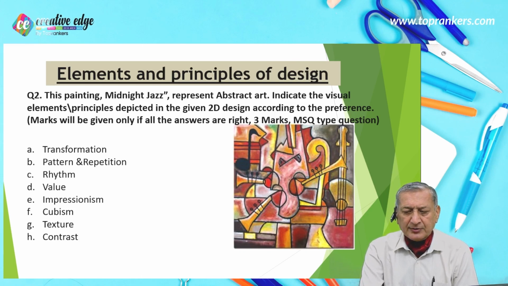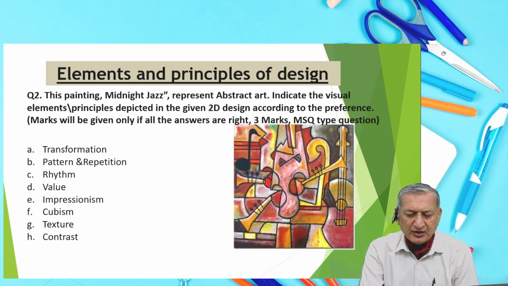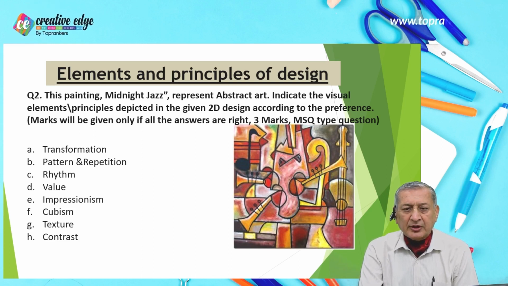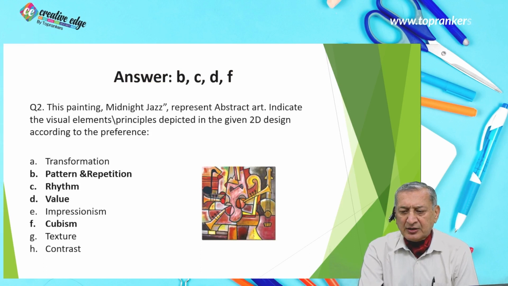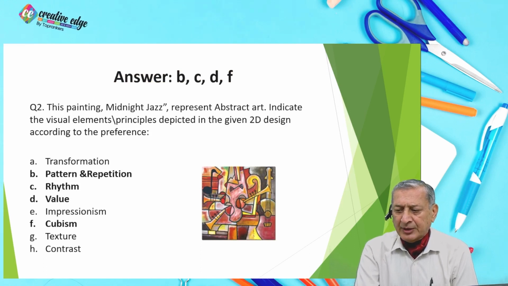Now here, transformation, pattern and repetition, these are the options. Rhythm, value, impressionism, cubism, texture and contrast. The right answers are pattern and repetition, rhythm, value and cubism. So this painting Midnight Jazz represents abstract art.